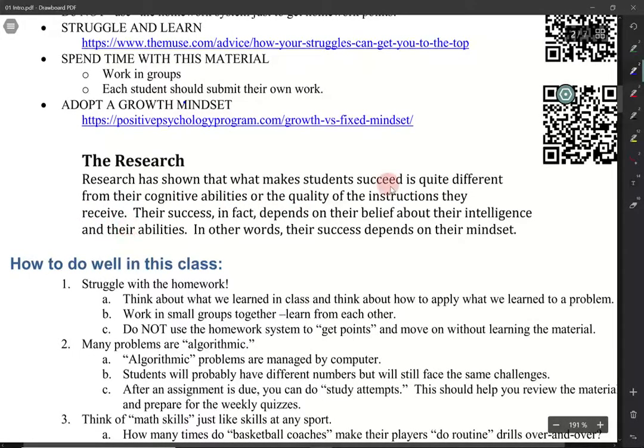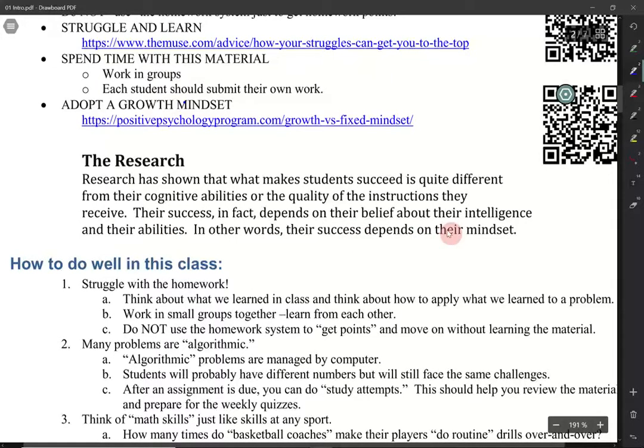I actually should cross out the instructional part. No, I'm just kidding. It doesn't matter about your ability or the quality of your teacher, really. Their success, in fact, depends on their belief about their own intelligence and their own abilities. In other words, their success depends on their own mindset.